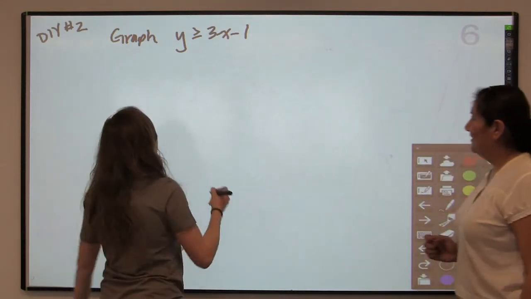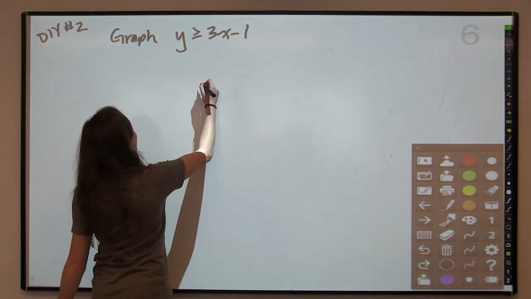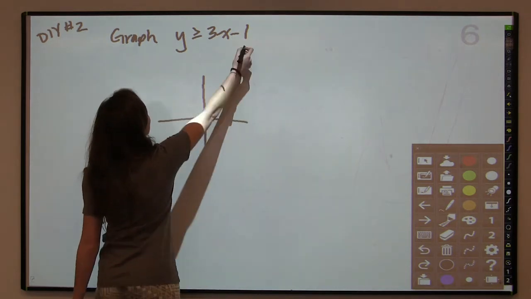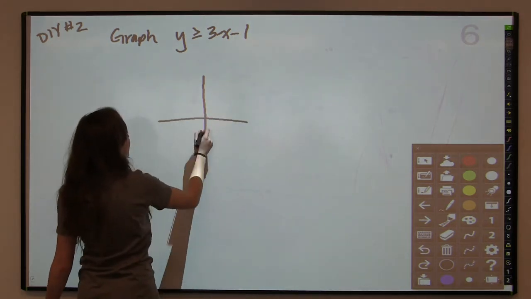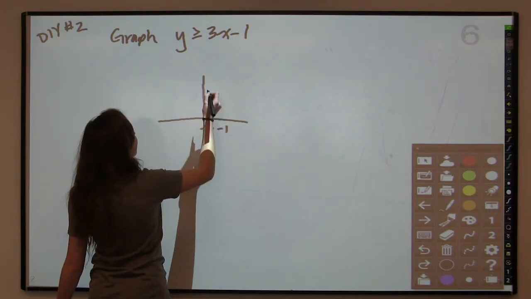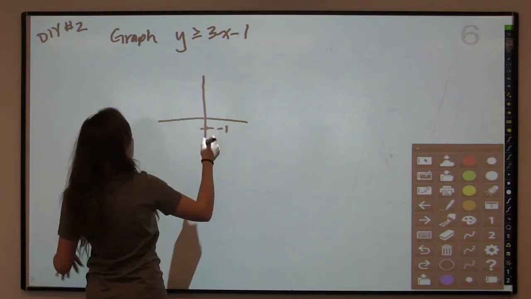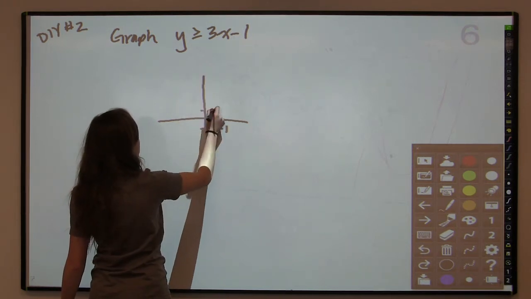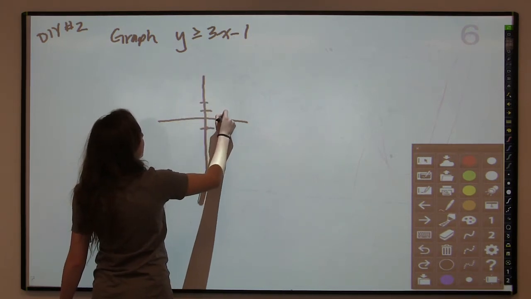Hey guys. Okay, so we're going to graph this equation here. You can see from that spot right there that the intercept is -1. So there's -1. And then the slope is up 3 over 1. So you go up 3: 1, 2, 3 over 1.